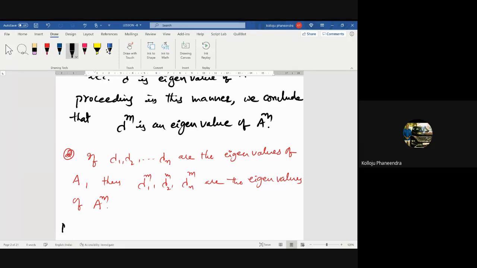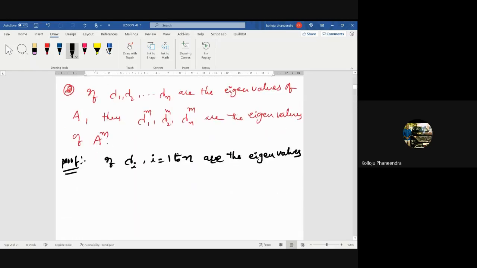Then how to prove this one? Same procedure, but the change is here. If lambda i, i equal to 1 to n, are the eigenvalues of A, then, if lambda is an eigenvalue of A, we have Ax equal to lambda x.